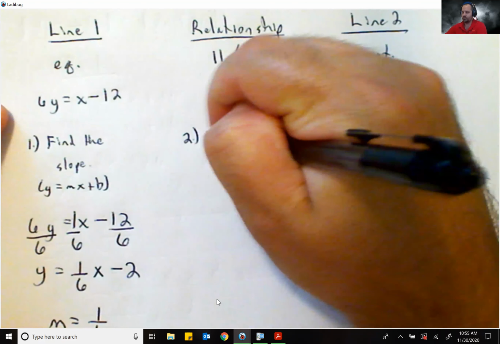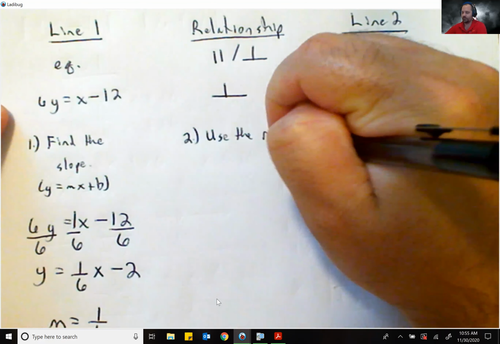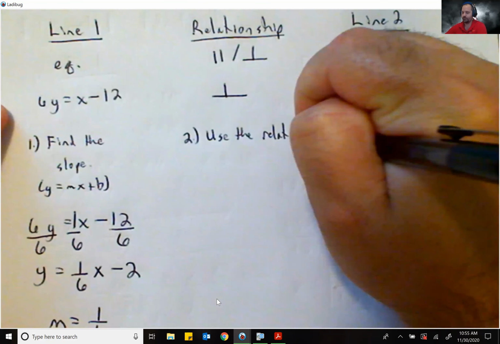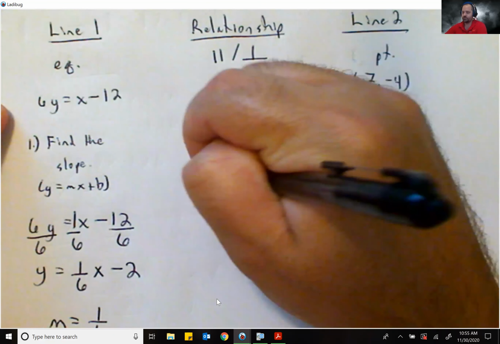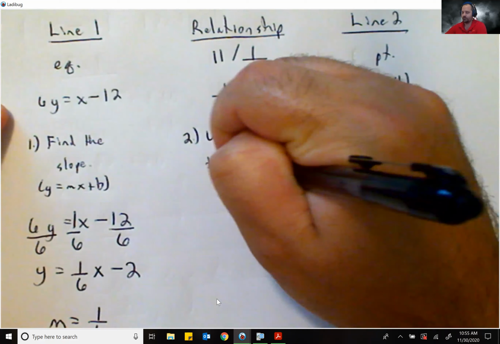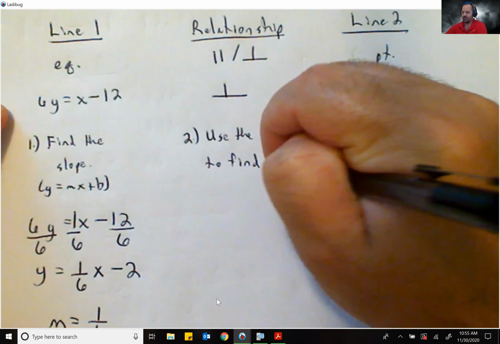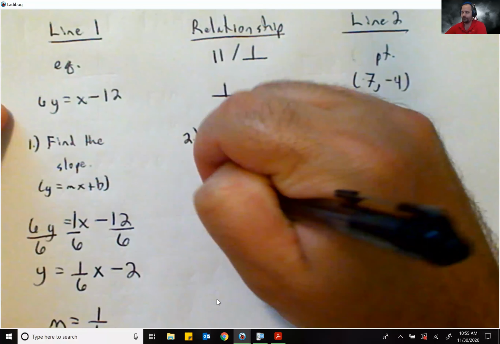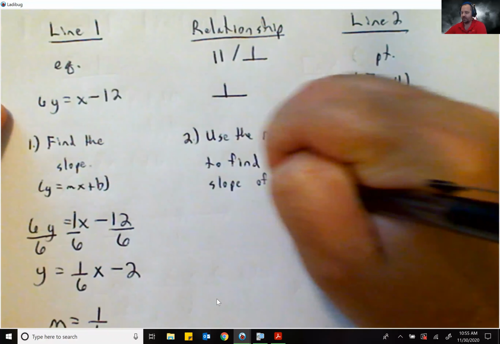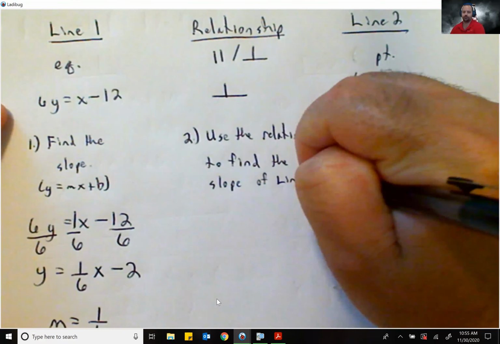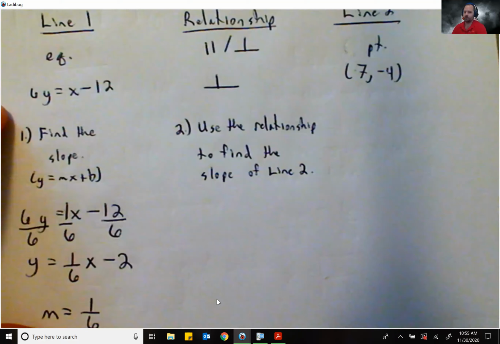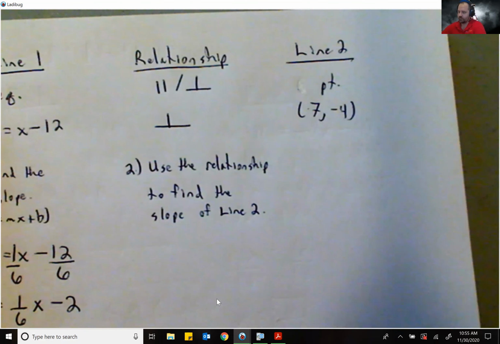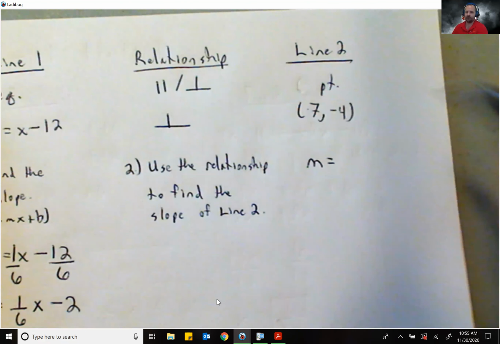Use the relationship to find the slope of line 2. So we're going to find the slope for line 2.